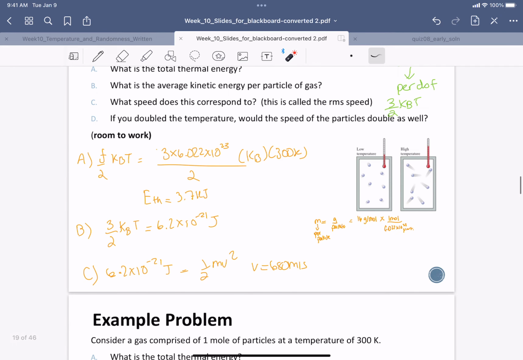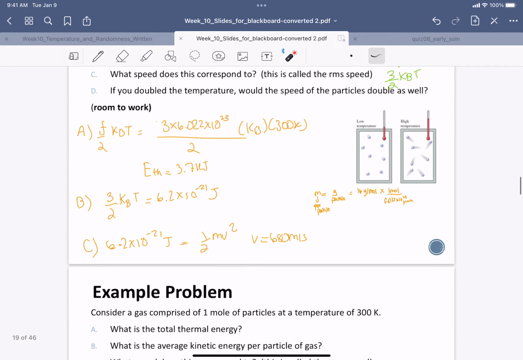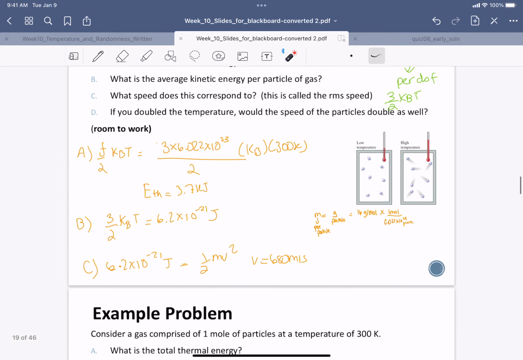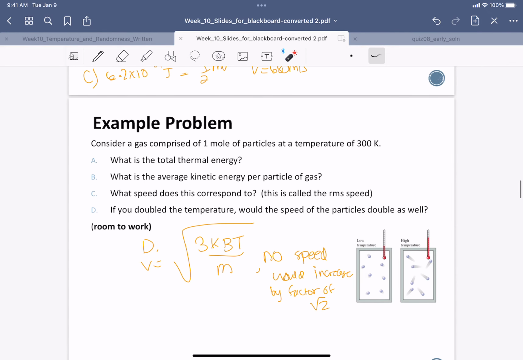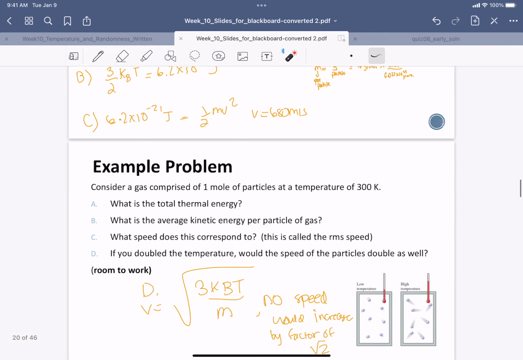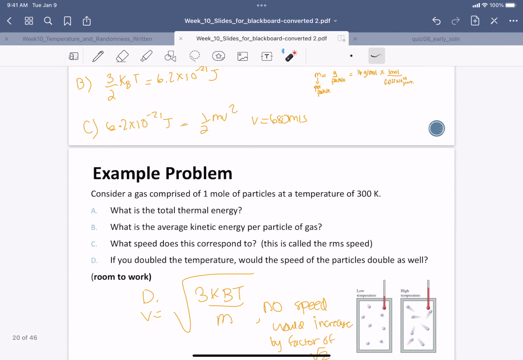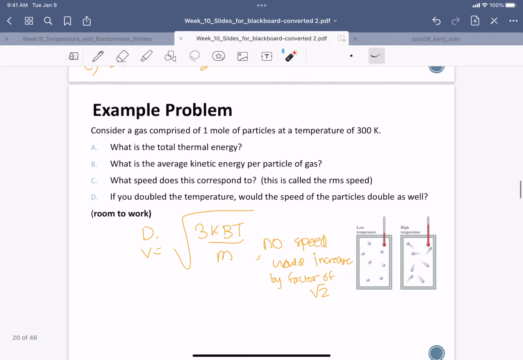And then for part D, if you double the temperature, will the speed of the particles double as well? I know that v equals √(3kBT over m). Remember, this was on the written homework as well. If I doubled the temperature, if I did 2T instead, it wouldn't double.